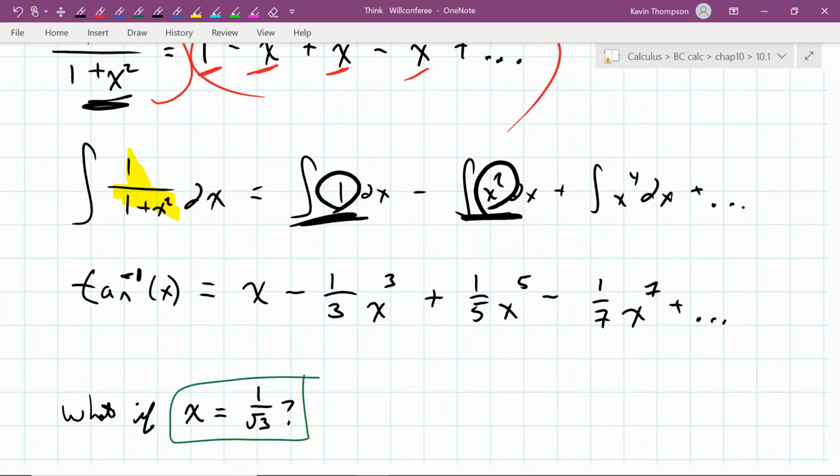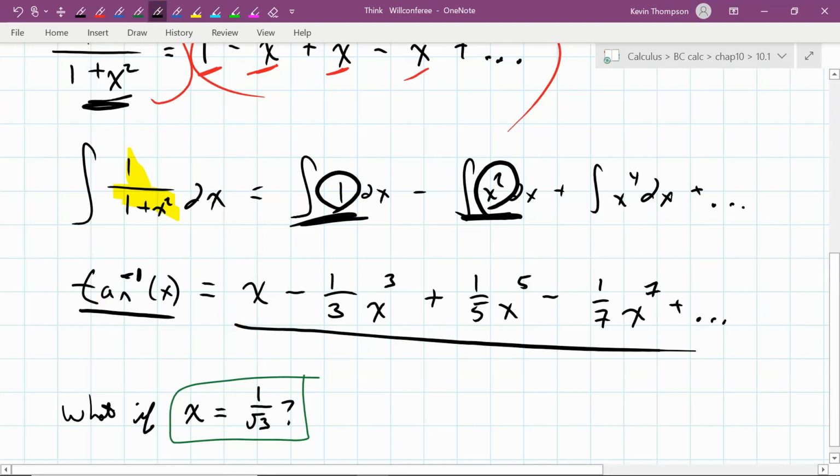Now, notice in some ways that we don't really even have to worry about this constant. The inverse tangent is this. What if x is 1 over root 3? Notice that that is a number between -1 and 1, right? 1 divided by a number bigger than 1 has to be less than 1.